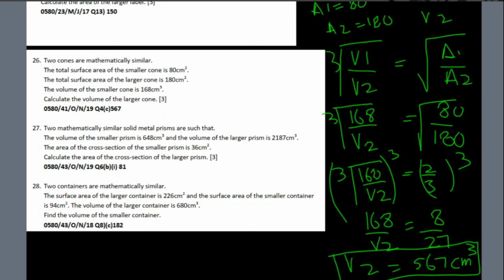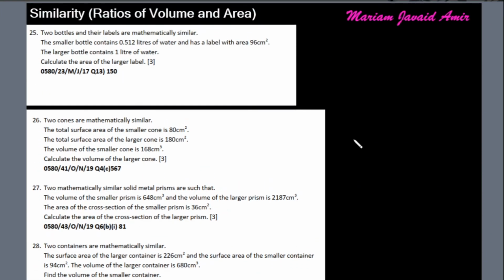This was question 26. Question 27. Two mathematically similar solid metal prisms are such that the volume of the smaller one is 648, the volume of the larger one is 2187, the area of the cross section of the smaller one is 36, and find the area of cross section of the larger prism.